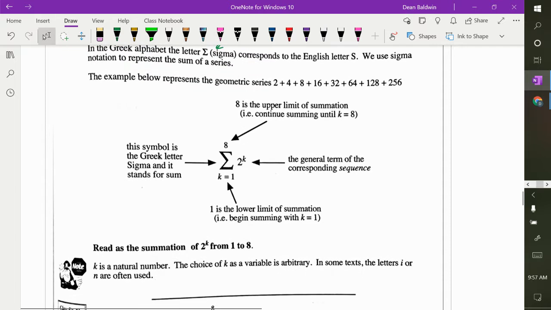So here is the notation. First of all, you've got this big letter sigma. This is the formula to get the terms. This is your starting point. They call it the lower limit. You start at the one at the bottom and you go to the upper limit. So you keep subbing in 1, 2, 3, 4, 5, 6, 7, 8.